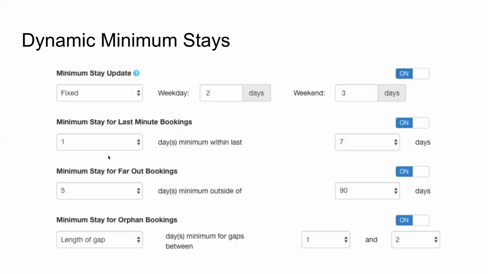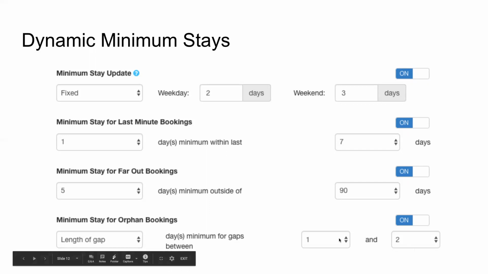Last thing to mention is going to be this minimum stay for orphan bookings, which is a great gap filler tool, where here you're able to specify a length of a gap, and then any days that are shorter than your minimum stay typically, that fall within this gap here, will automatically be made bookable.